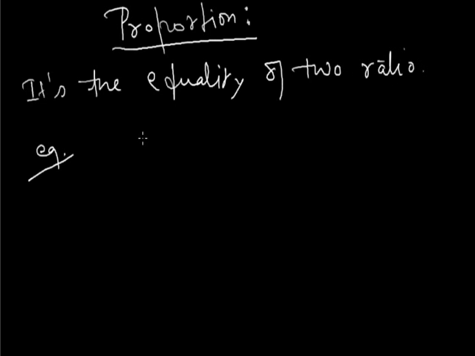For example, we can see that 2:3 is equal to 4:6, because 2:3 can be written as 2 divided by 3 in its fractional form, while 4:6 can be written as 4 divided by 6 in its fractional form.